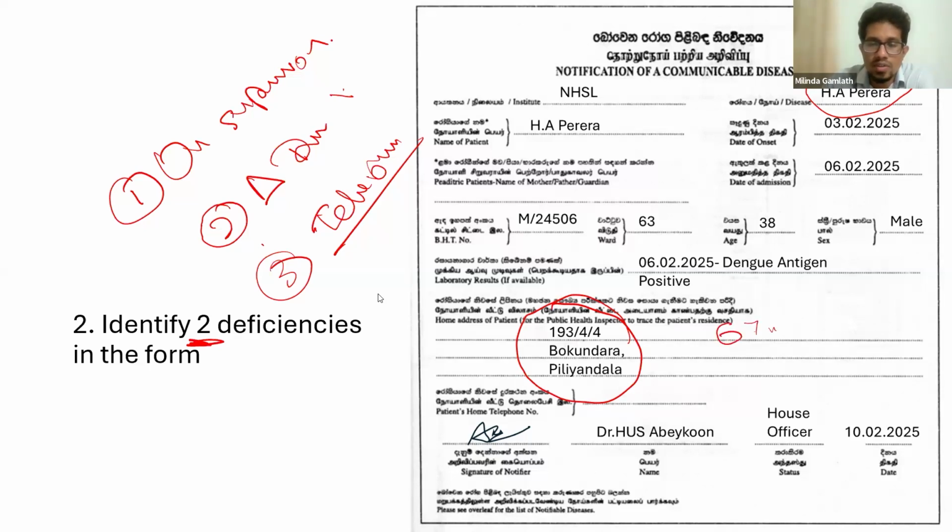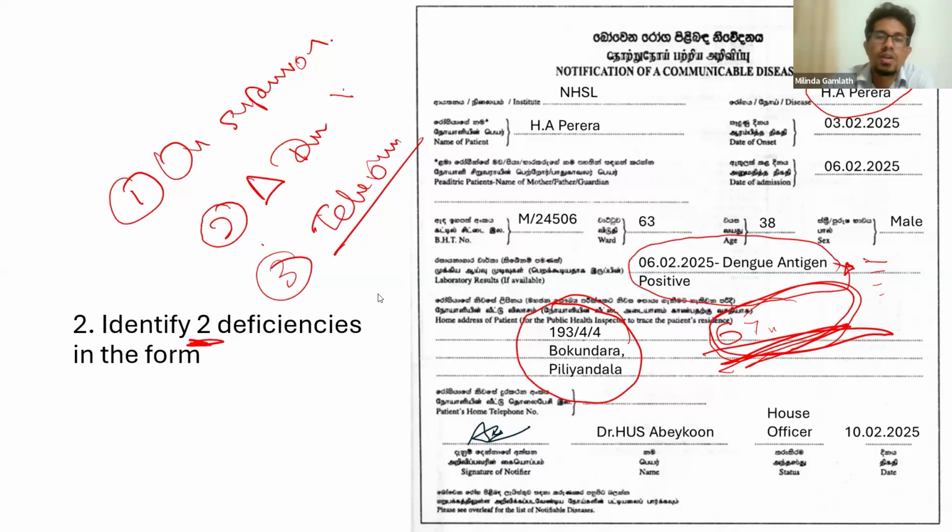So as medical officers, as future house officers, when you are writing this form, please include a working phone number in the contact details, right? And if possible, you can obviously put more investigations as well, but bare minimum, that's fine, right? So of those three, any two would be fine.